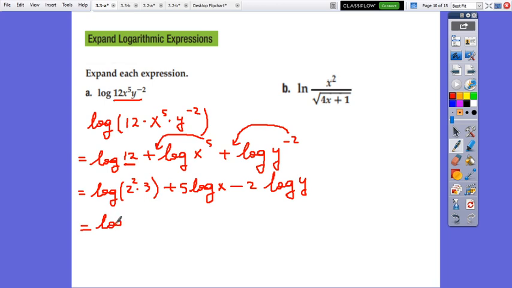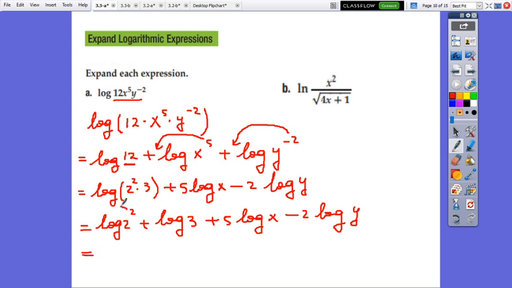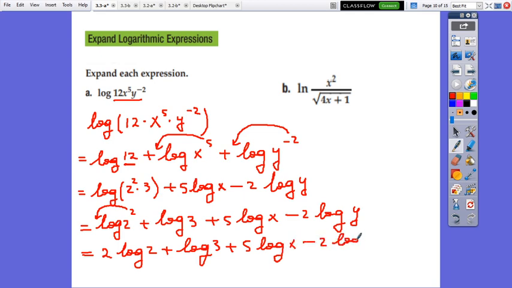It will be log 2 squared plus log 3 plus 5 log x minus 2 log y. And finally, since the exponent goes outside the log, it will be 2 log 2 plus log 3 plus 5 log x minus 2 log y. So it was given in condensed form and we expanded.